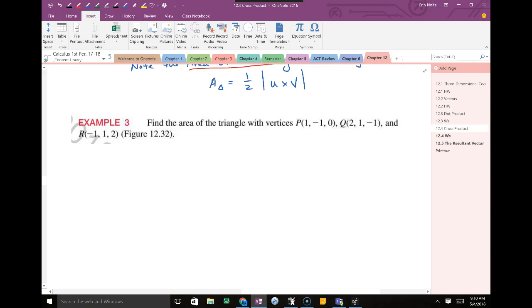If I was going to pick Q, then I would do a QP and a QR. You want that point to be the same on both vectors. So PQ, you ready? I'm thinking terminal minus initial. If I go from P to Q, which one is my initial point, which one is my terminal?